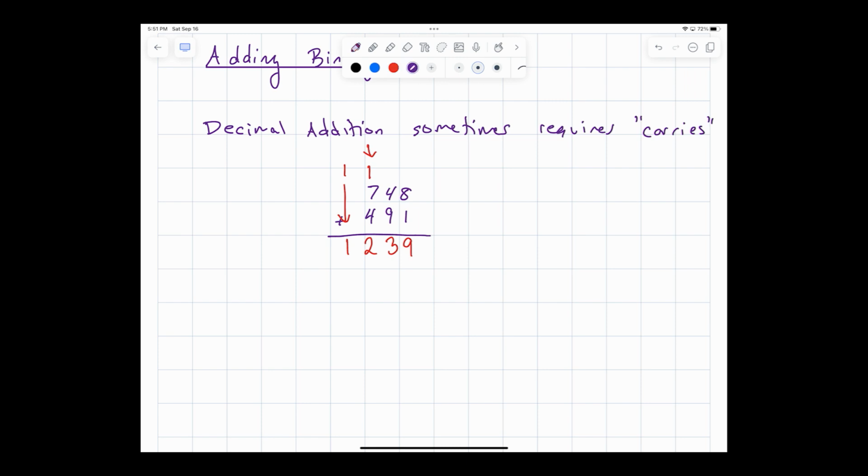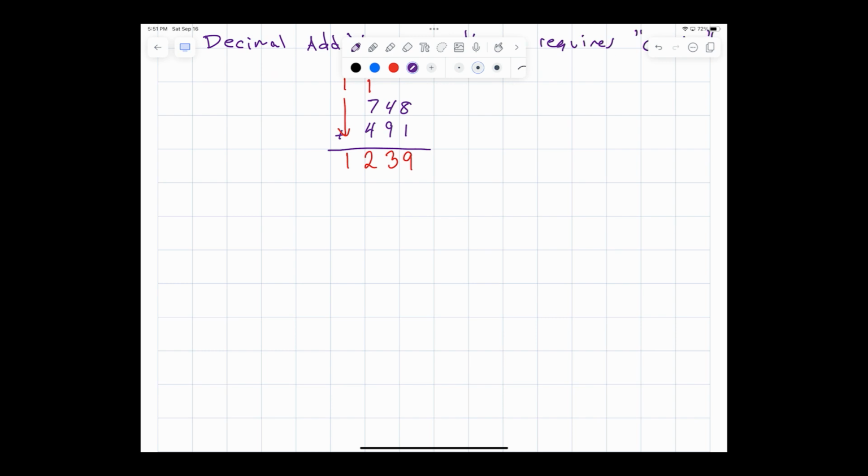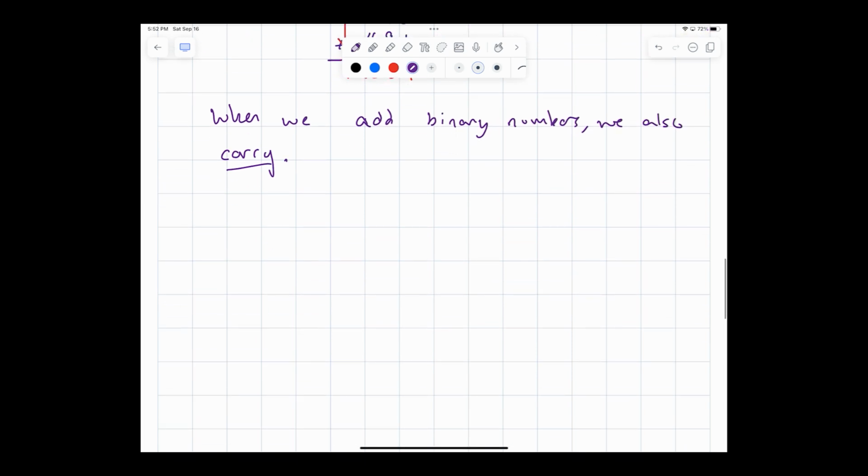So when we add binary numbers, we also carry. Okay, and so basically, our only digits are 0 and 1, right?